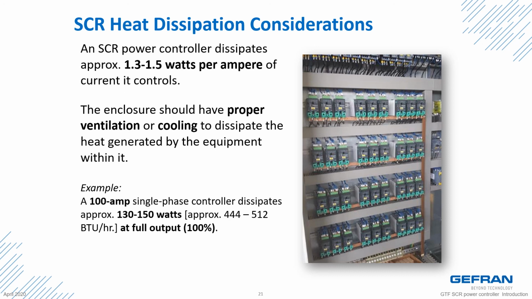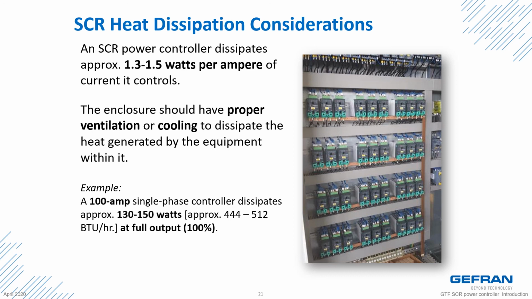The electrical cabinet should have proper ventilation or cooling to keep the internal cabinet temperature from getting too hot. For example, a 100 amp single-phase power controller dissipates 130 to 150 watts at full output of 100 amps. This means approximately 440 to 510 BTU per hour per power controller.